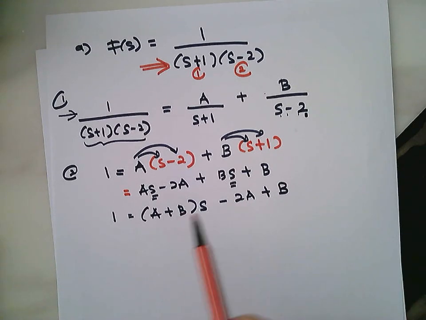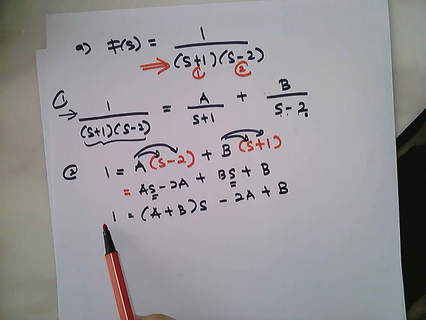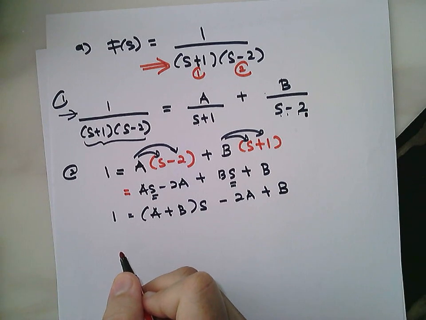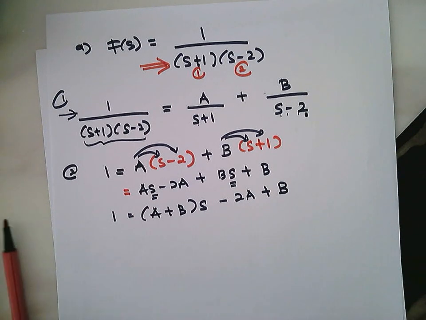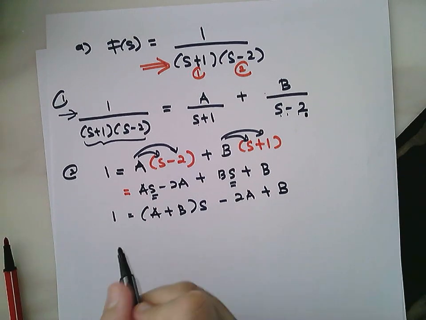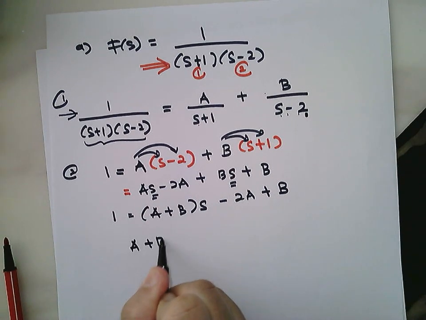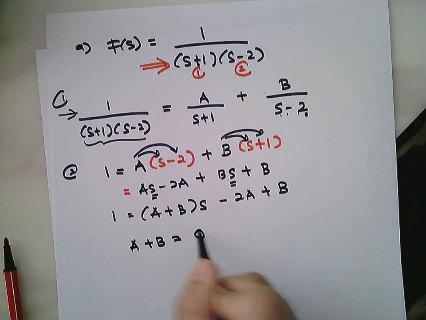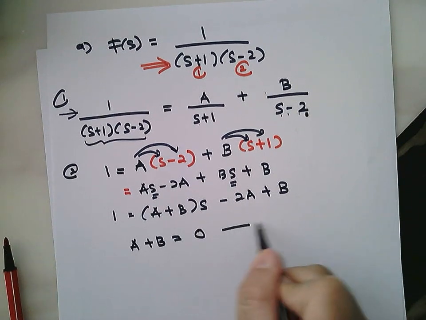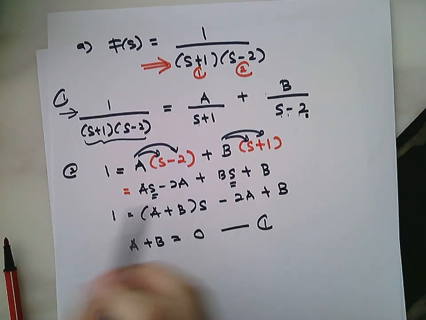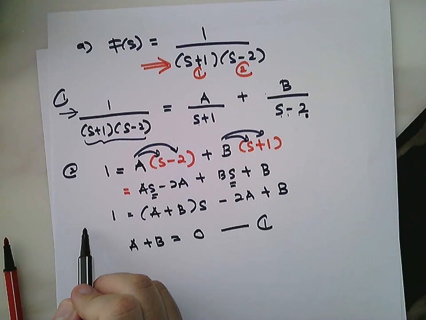On your left hand side you don't have any variable s. So your first equation will be A plus B is equal to 0. Why 0? Because you don't have variable s on your left hand side.